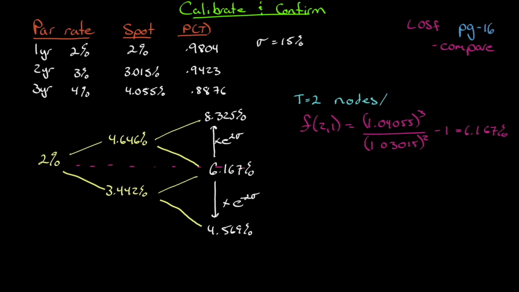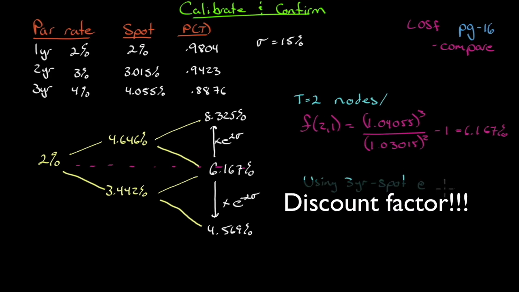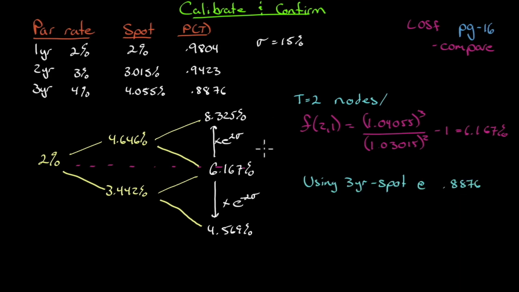Now we're using the 3-year spot. What's our 3-year spot rate? 0.8876. So we'll put 100 on each of these at each payoff, and we'll discount all of it back. We'll do backwards induction to see what price we recover here. And let's see what we get.